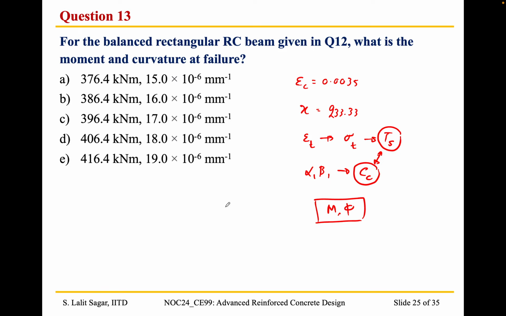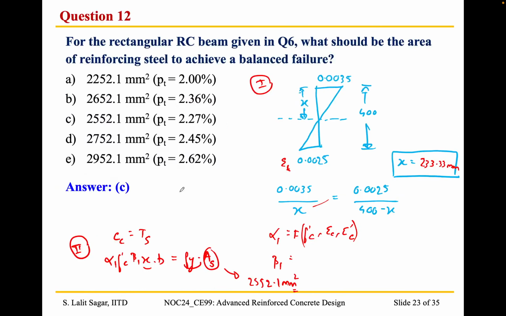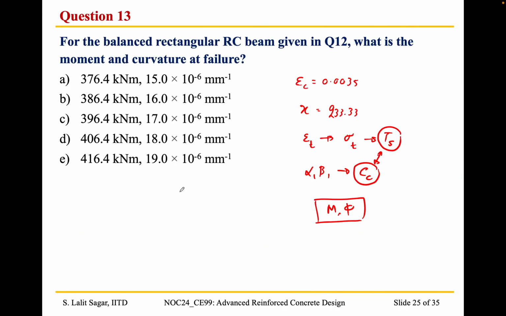We got the value of 0.0025, that is the strain in steel at yielding, and the corresponding compressive force is 1276, and the tensile force is also 1276, so the forces are balanced. The value of ultimate moment is 376, and the curvature at failure is 15 into 10 to the power minus 6, and option A is absolutely correct. Thank you for the response.